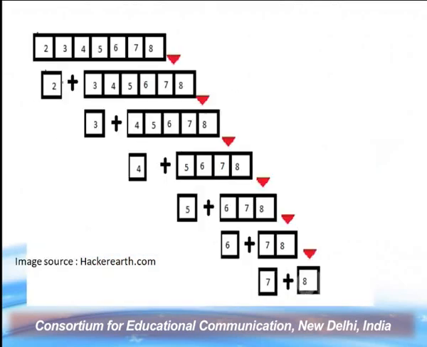So again we can say 2, 3, 4, 5, 6, 7, 8 is the remaining array. This remaining array will be treated similarly, that is, first element plus the sum of the remaining array. The remaining array 3, 4, 5, 6, 7, 8 will be treated on a similar basis: 3 plus the array, then 4 plus the array, 5 plus the remaining array, 6 plus the remaining array, and 7 plus the remaining array.